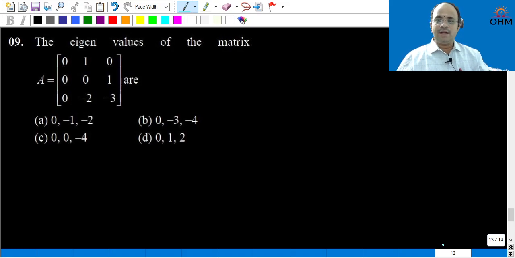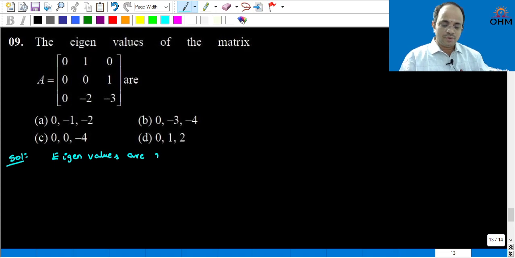The eigenvalues of matrix A. Matrix A is given. So, what do you mean by eigenvalues? Eigenvalues are roots of the characteristic equation, determinant of sI minus A equal to 0.